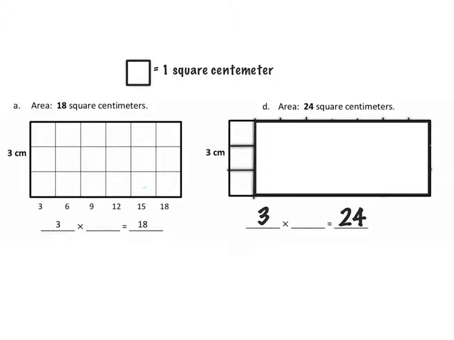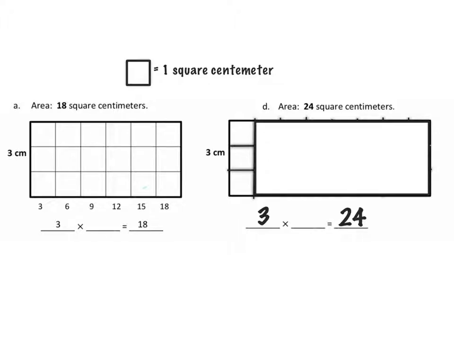In these two examples, we are given two rectangles. In the first example, we are told that the area of this rectangle is 18 square centimeters. 1 square centimeter looks like this. And in this rectangle, we have 18 square centimeters arranged in an array.